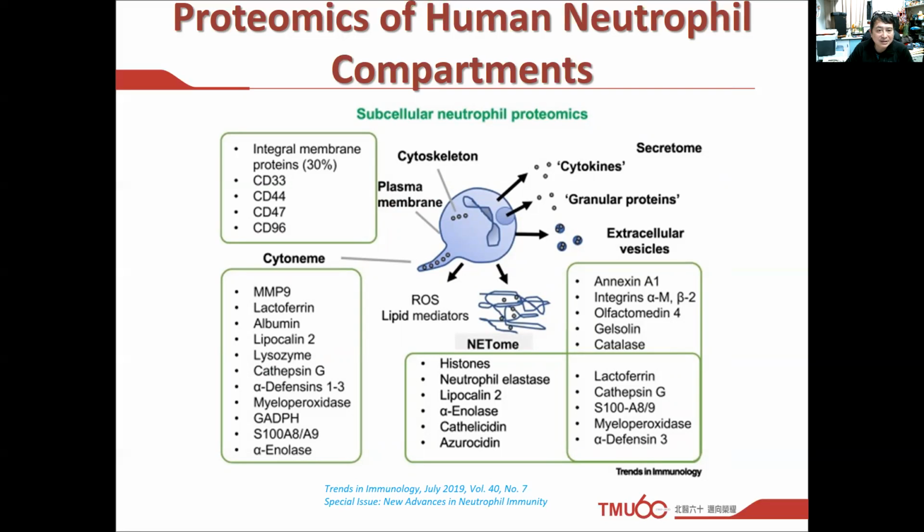Okay, we call them cytonemes. They contain MMP9, which is a protease, lactoferrin, albumin, lysozyme, cathepsin G, alpha defensin, those enzymes which will target protein, fat, and lipids.